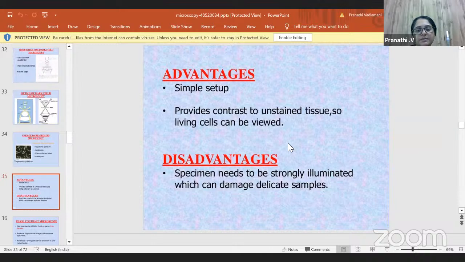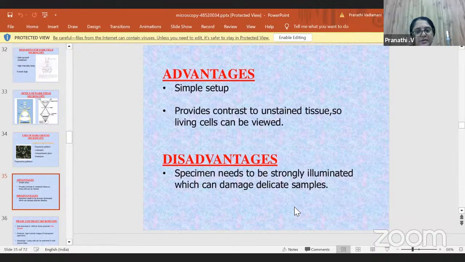Advantages, again, a simple setup. Unstained tissue can be seen against a dark background, and you can see live cells, so you do not have to stain. Staining actually has its disadvantages. But the disadvantage here is that with delicate samples, if you put such high intensity of light, they are going to get damaged.